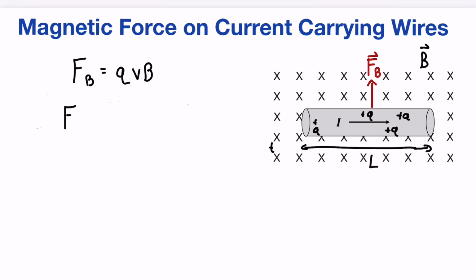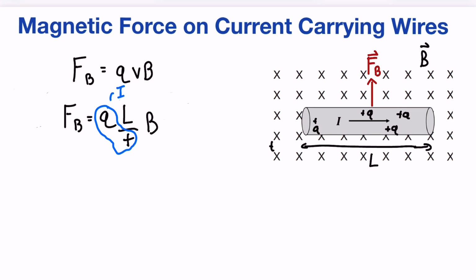So the velocity of each charge is L over t, times B. Now in this expression, this value q over t is charge over time, which is electric current. And the result of this, ILB, is commonly written as BIL, or B, magnetic field magnitude, times I, current, times L, length of the segment of wire.